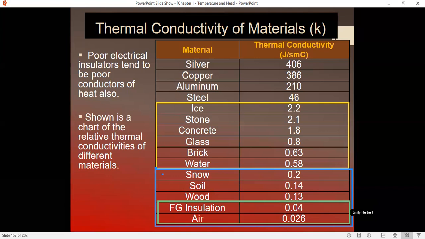The problem with air, however, we've got to point that out. The problem we have with air is that we can get convection, because the air is very poor in conduction. So convection will transfer that energy.